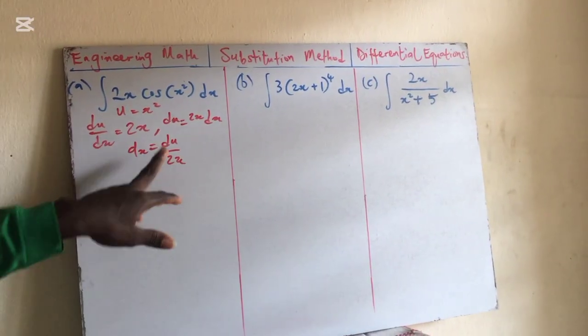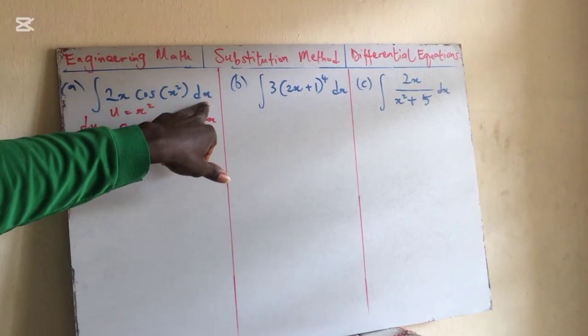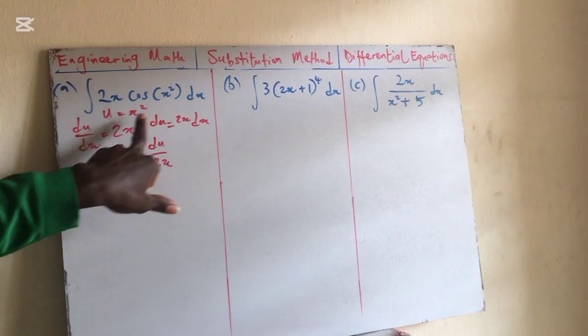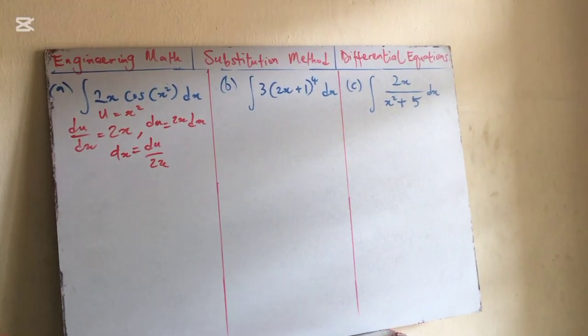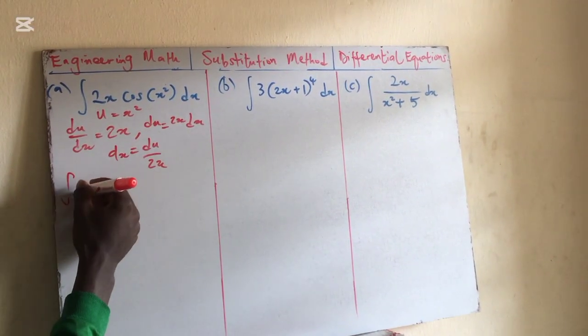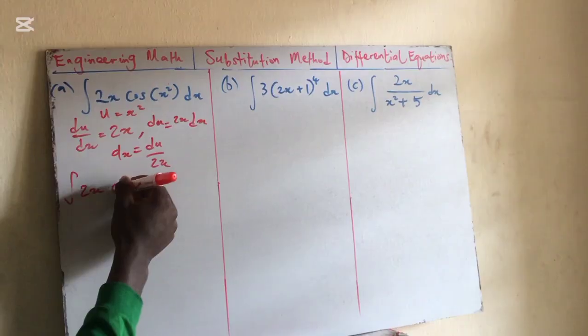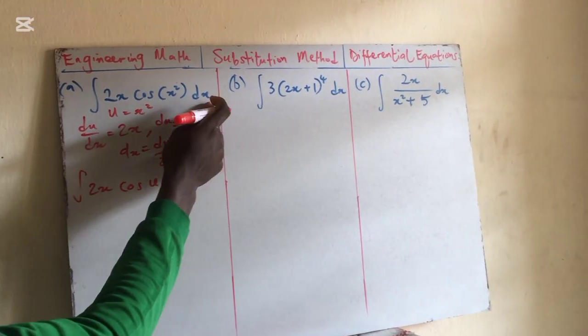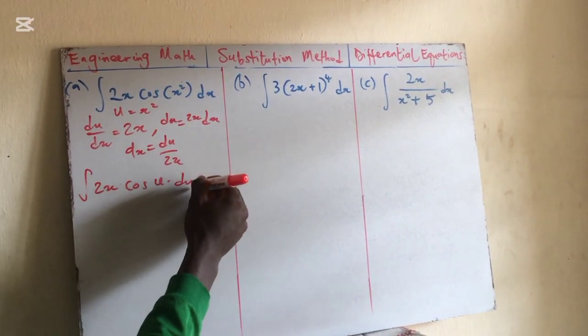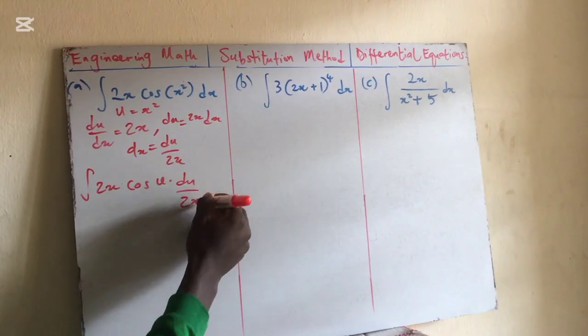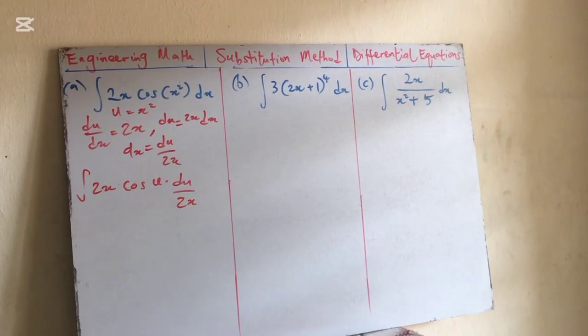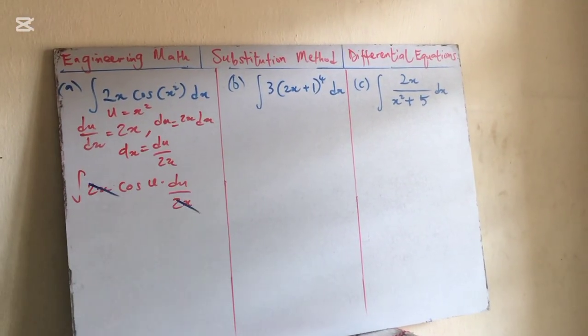So now that I've gotten dx, I can insert it here. Then I will represent my x squared as my u. So the equation now becomes 2x cos u times du over 2x. If you are with me, you are going to see that this 2x will cancel this 2x here.